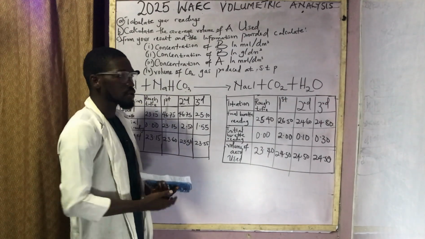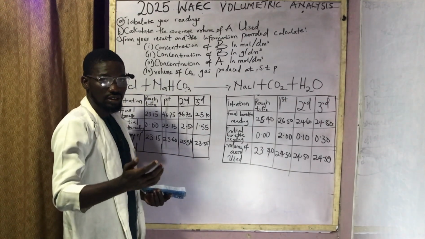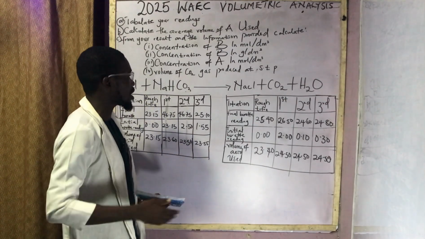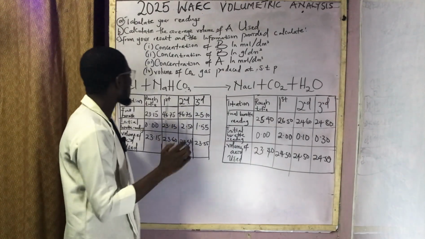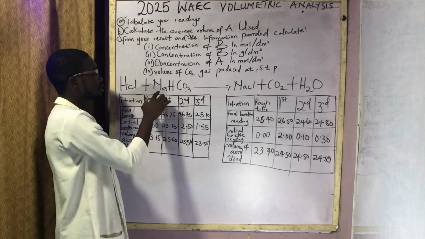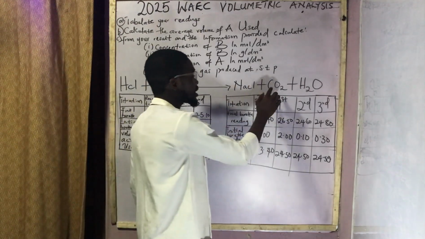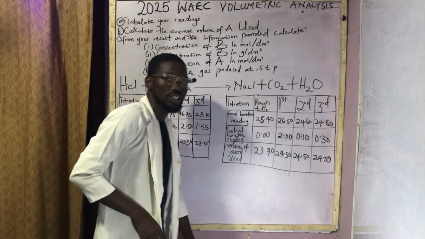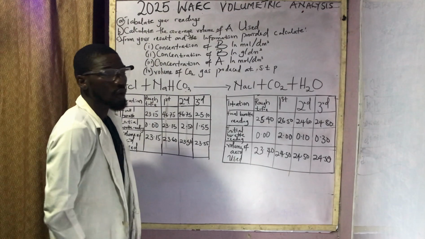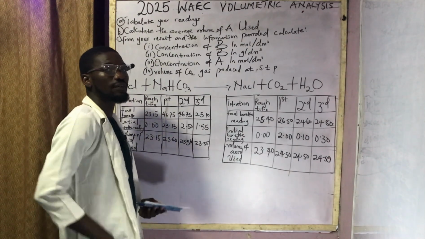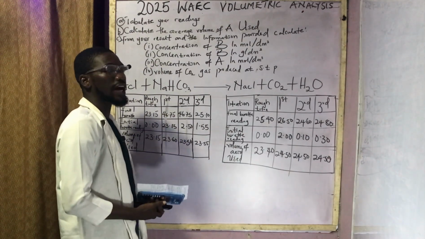So now, come closer. As WAEC candidates, or as a tutorial, this is a reaction between HCl and sodium bicarbonate. We'll be having sodium chloride, carbon dioxide, and water. If you take a look at the board, we're having two tables of values.